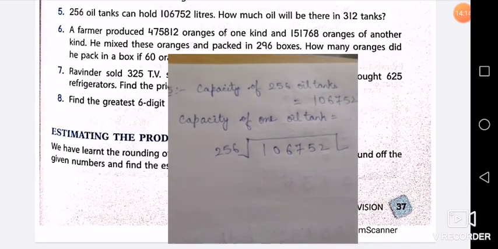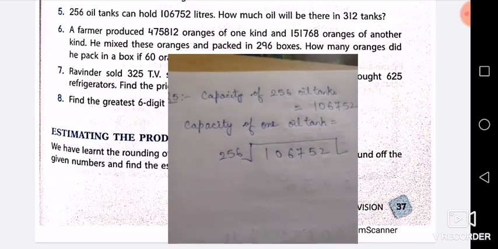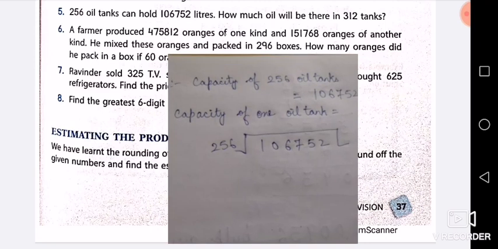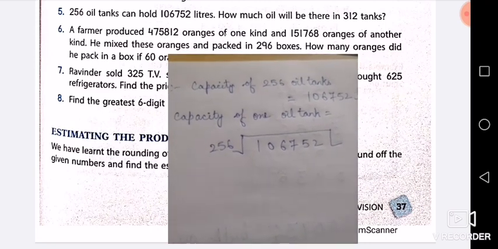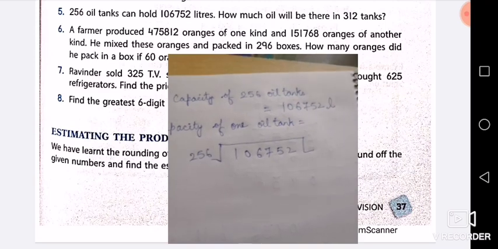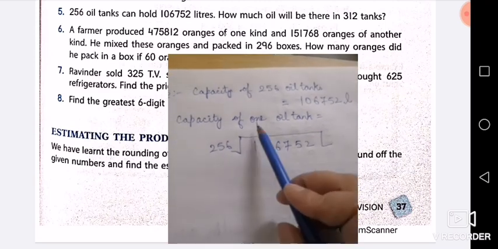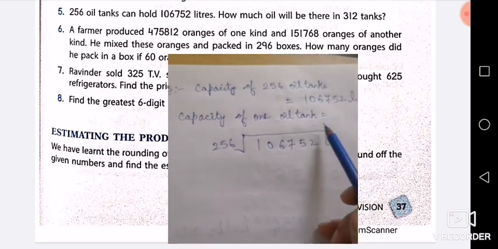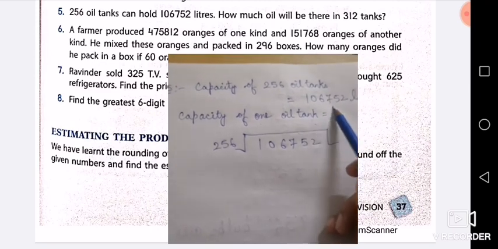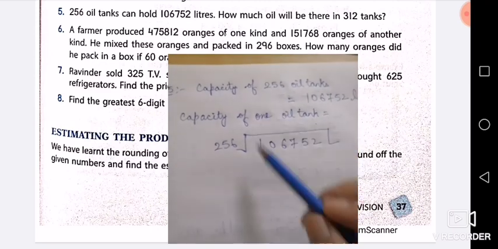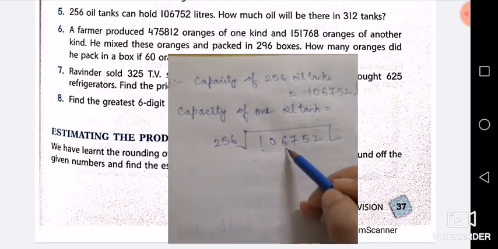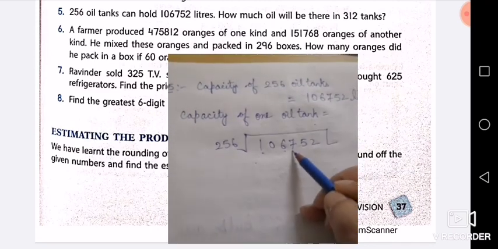So, children, as you can see on the screen, in question number 5, the capacity of 256 oil tanks is 1,06,752 liters. Then you have to find the capacity of one oil tank. How are you going to find it? By dividing 1,06,752 by 256. Now, the first 3 places are smaller, so we are going to take the first 4 places.